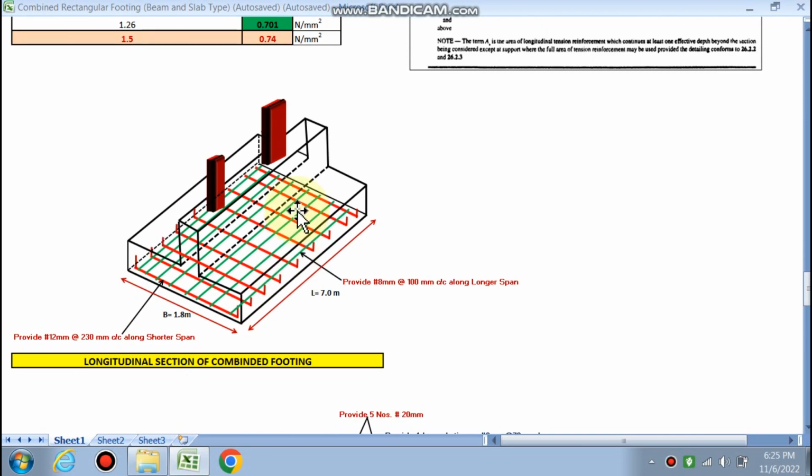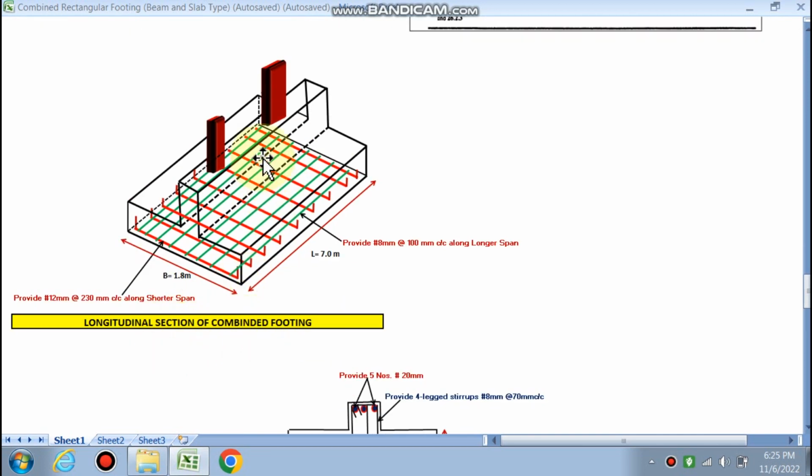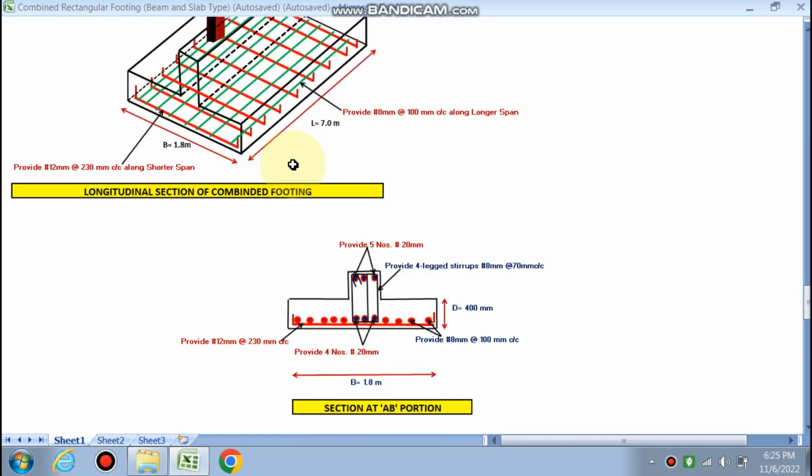Now you can see the longitudinal section of the combined footing. These are the 2 columns. In the case of the slab, we have designed it as 8 mm at 100 mm center to center in the longer direction. This green portion is the longer direction steel, and in the shorter direction we have designed it as 12 mm at 230 mm center to center along the shorter span, right.